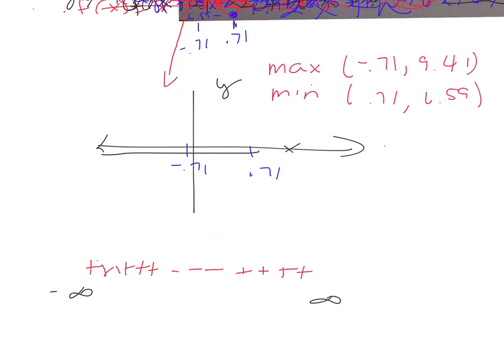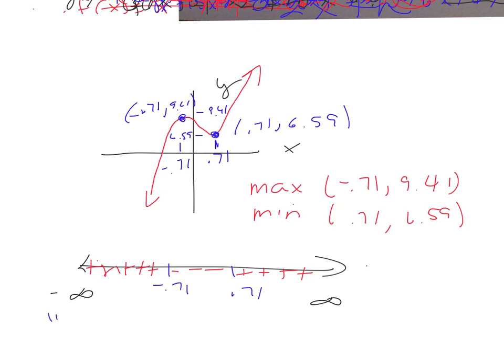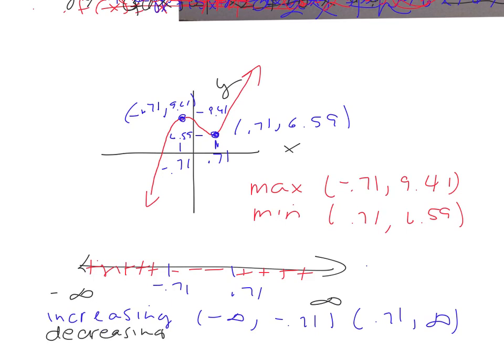Okay, so now let's write this up here. Okay, so I'm increasing from negative infinity to negative 0.71, and I'm also increasing from 0.71 to infinity, and I'm decreasing from negative 0.71 to 0.71.